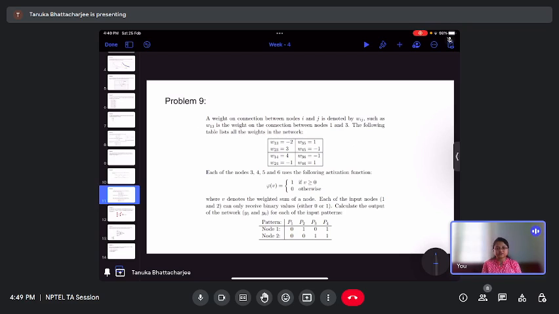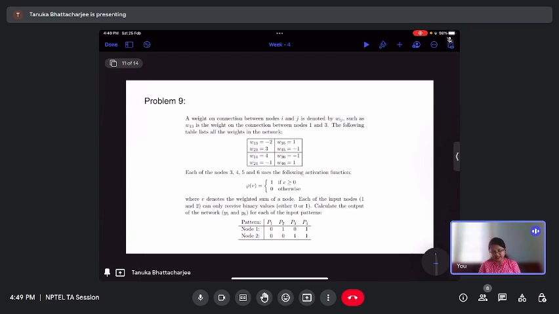If your weighted sum of the node is greater than or equal to 0, your output is 1. Each of the input nodes 1 and 2 can only receive binary values, either 0 or 1. Then you have to calculate the output of the network for each of these 4 input patterns.